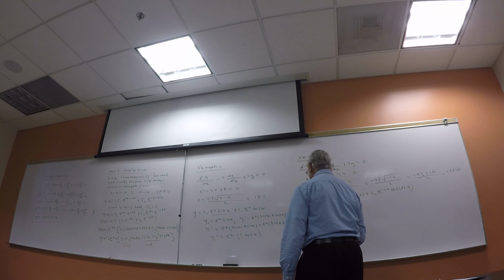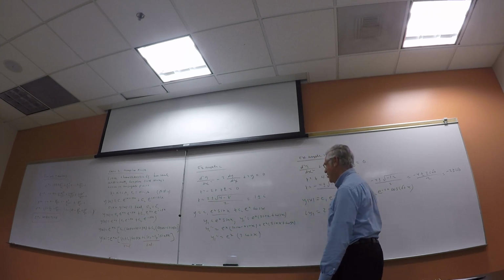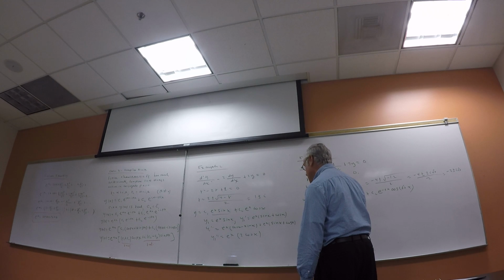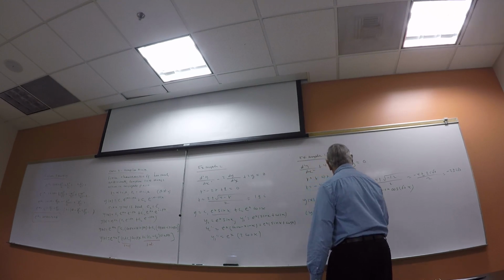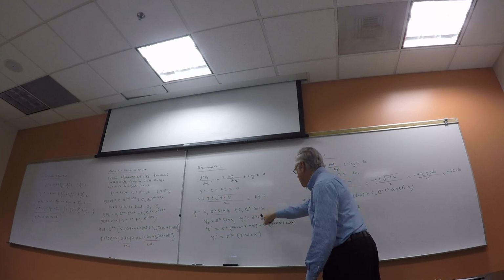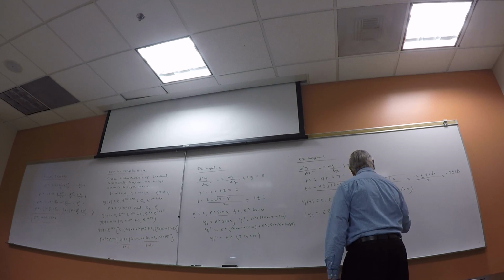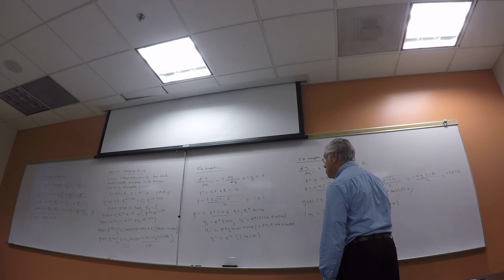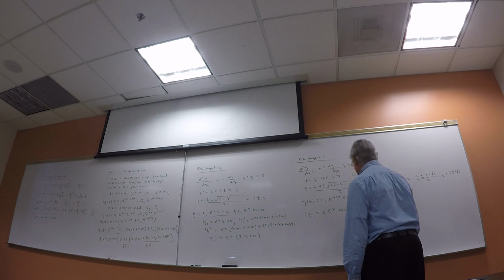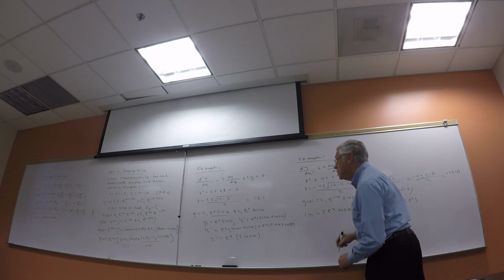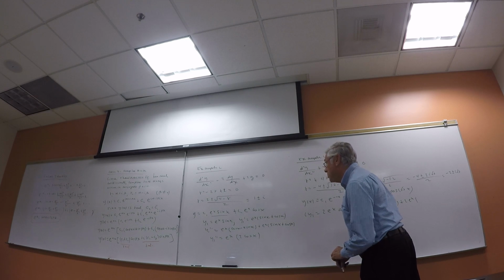And then I need minus 2 times y1 prime, which is right over here, e to the x, sine plus cosine. And then plus 2 times y.